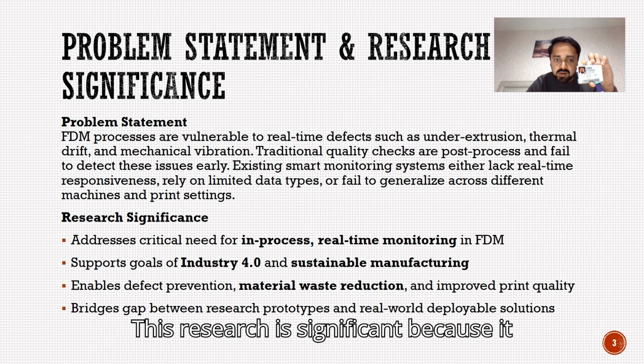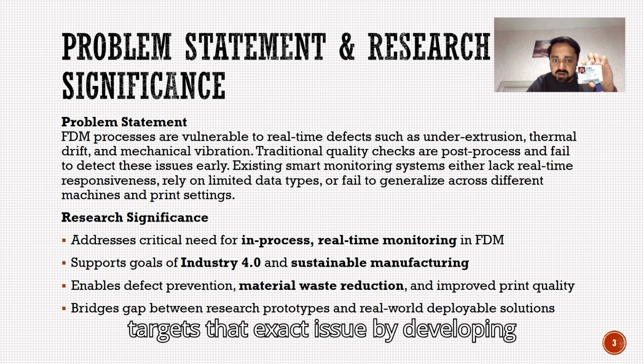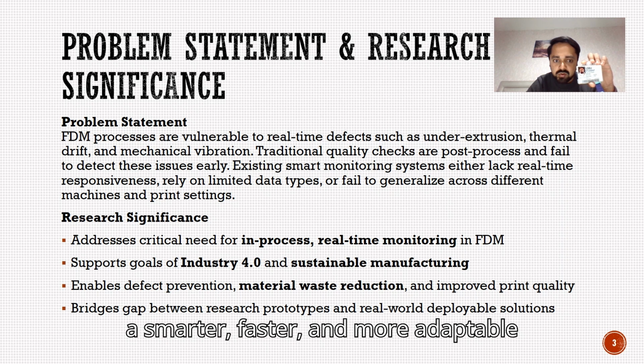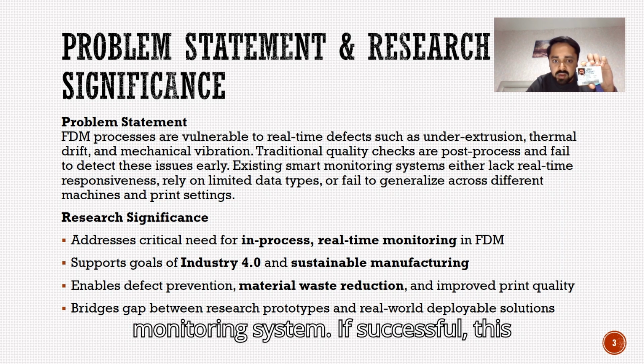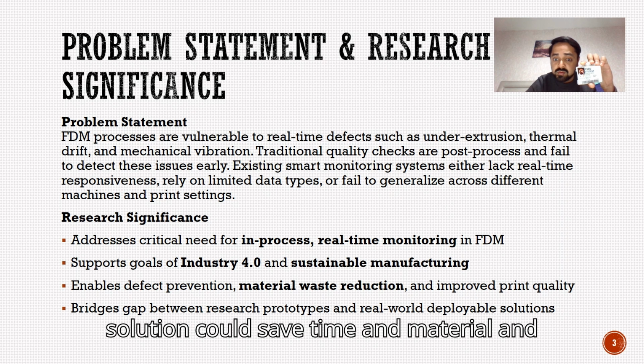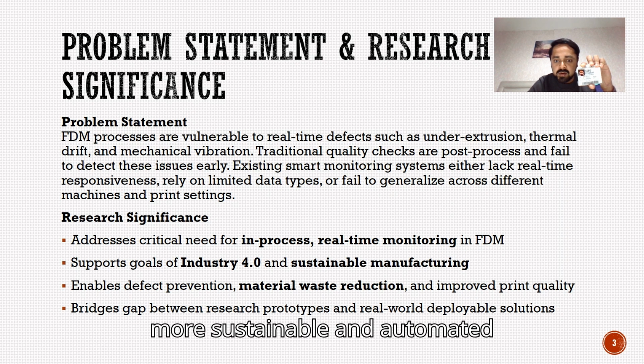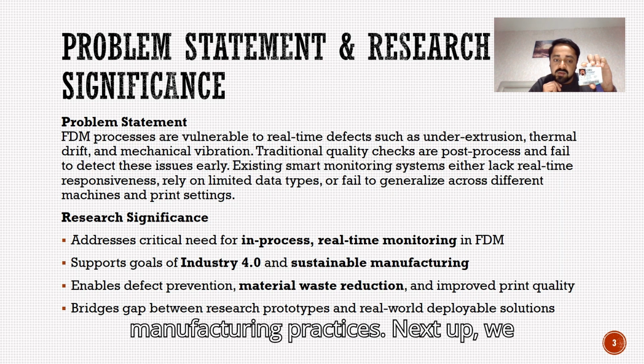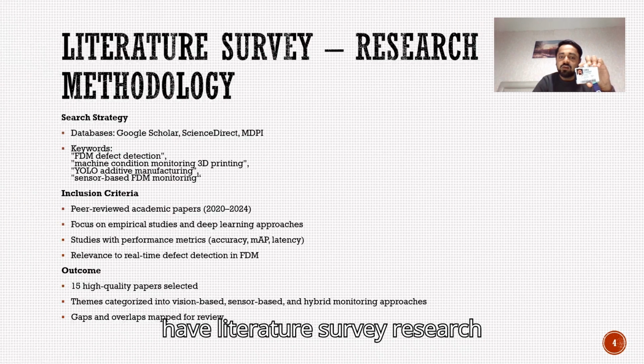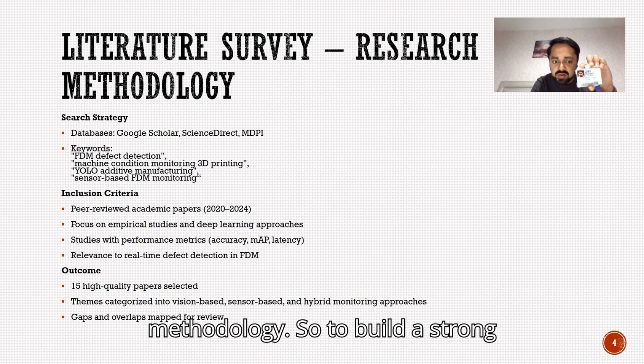This research is significant because it targets that exact issue by developing a smarter, faster, and more adaptable monitoring system. If successful, this solution could save time and material and improve quality and contribute towards more sustainable and automated manufacturing practices.